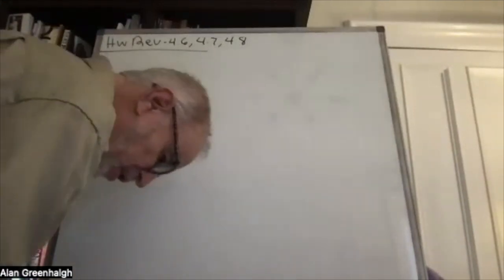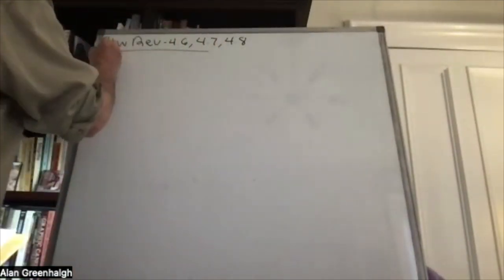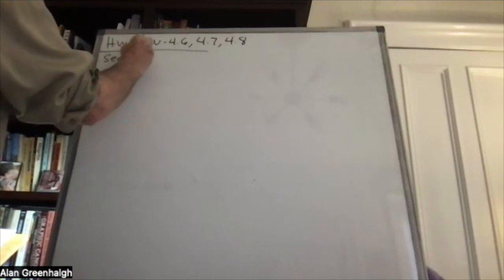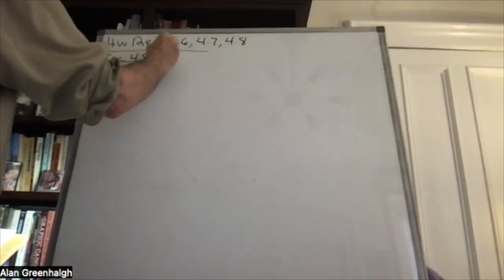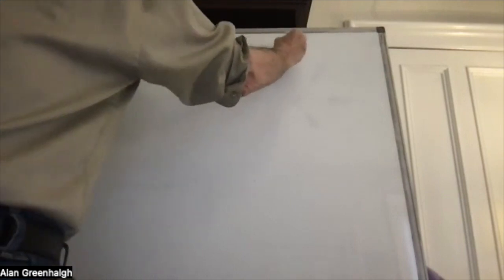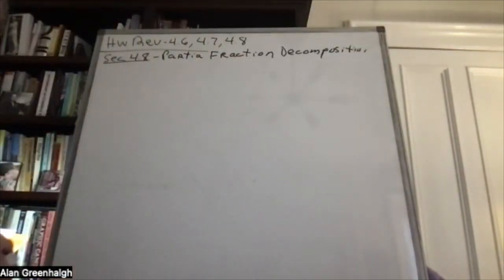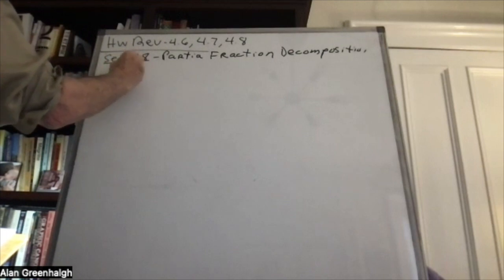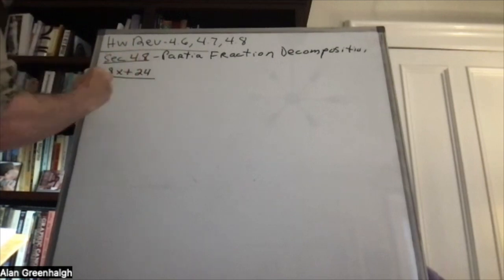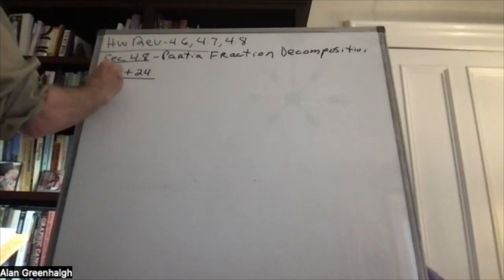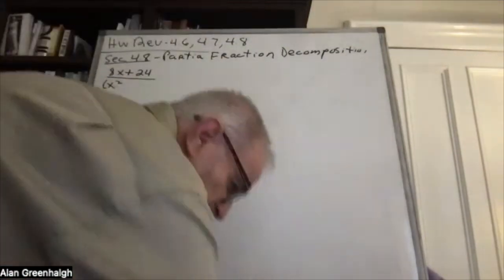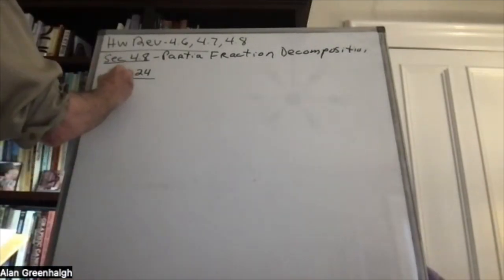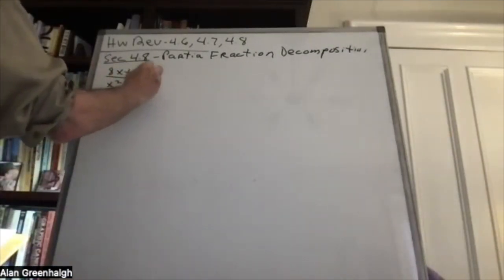So the third problem, which was in the homework, came from section 4.8, and it was a partial fraction decomposition. Okay, so here's the problem that I gave, and it is 8x plus 24 divided by x squared plus 4x minus 12.